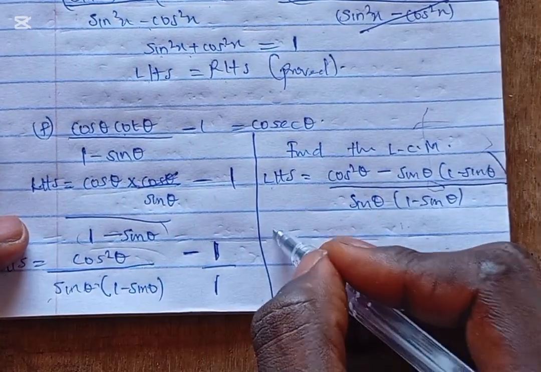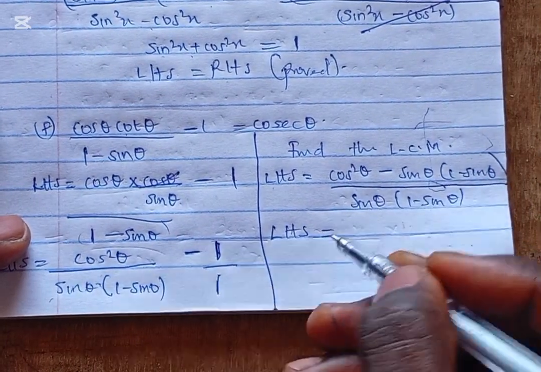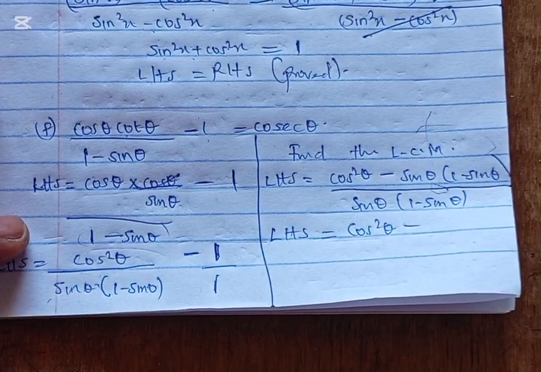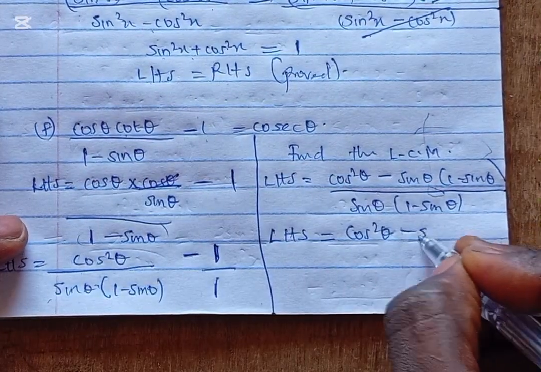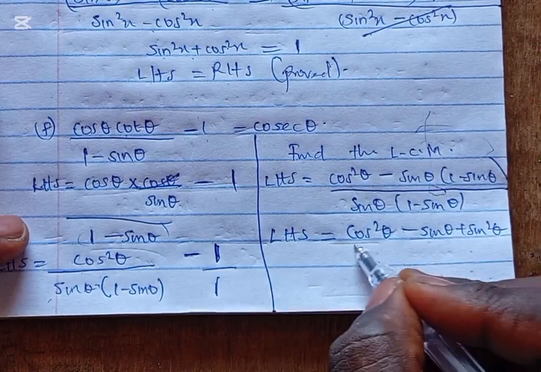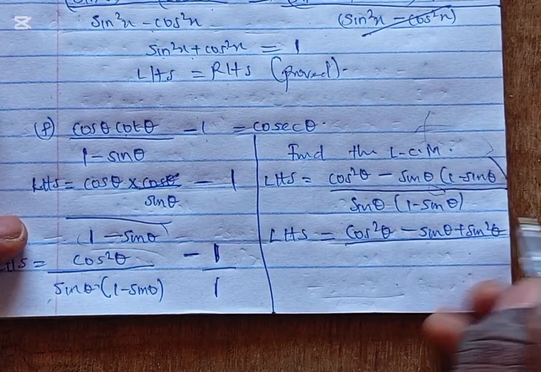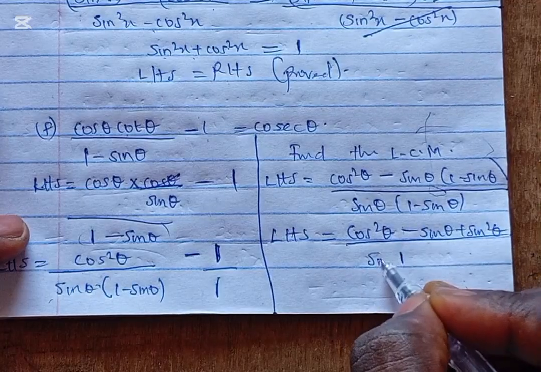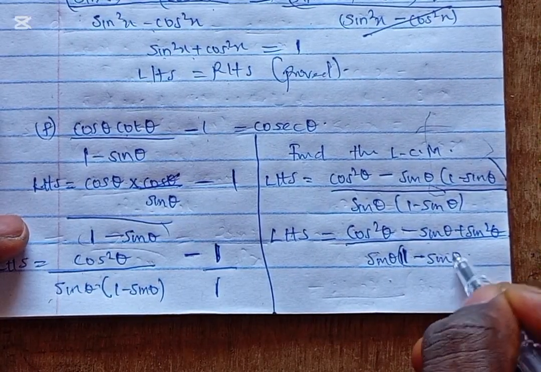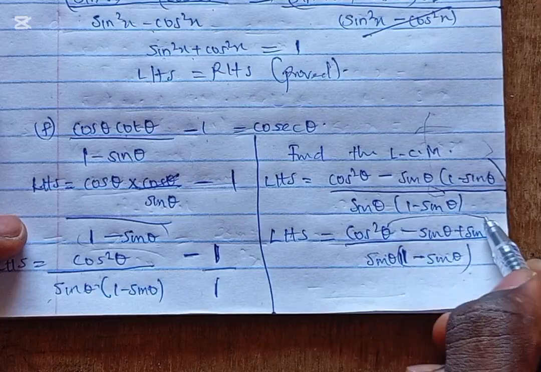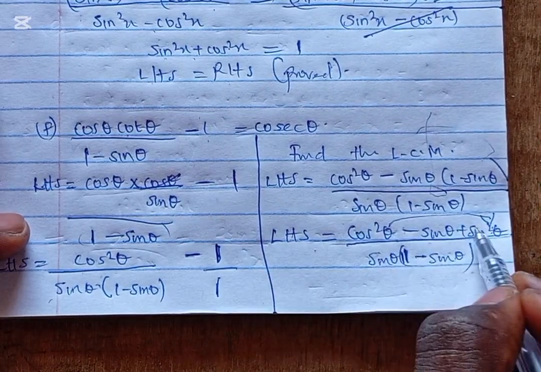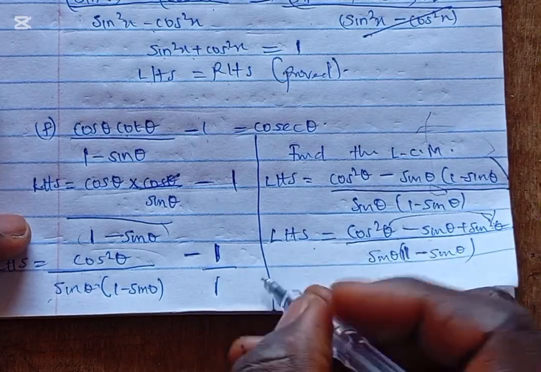Okay, so the left hand side will be cos square theta minus sine theta plus sine square theta, everything over sine theta into 1 minus sine theta. Here I can easily say that they are 1, because cos square theta plus sine square theta will give us 1.